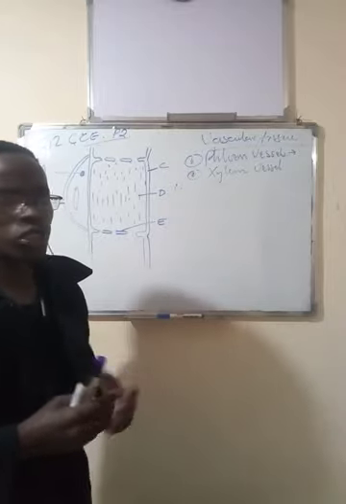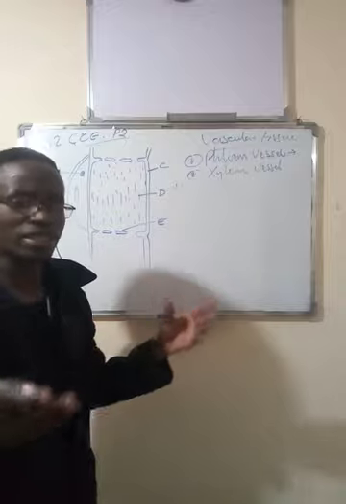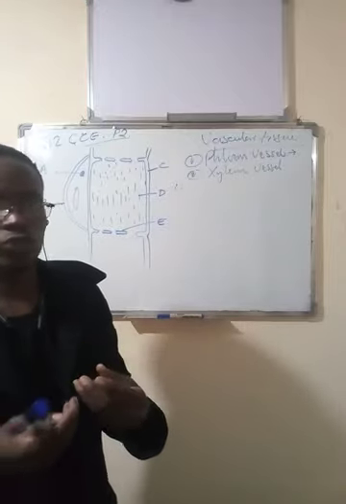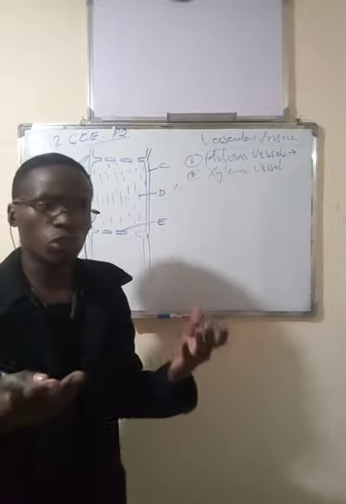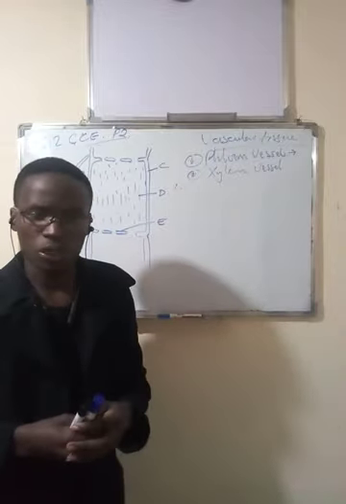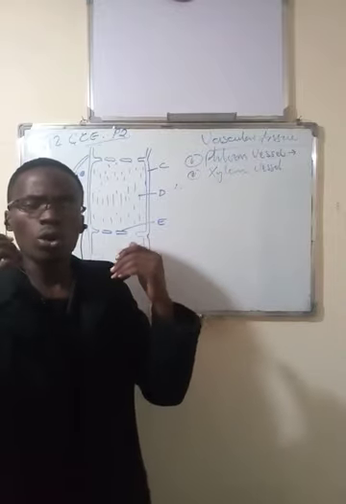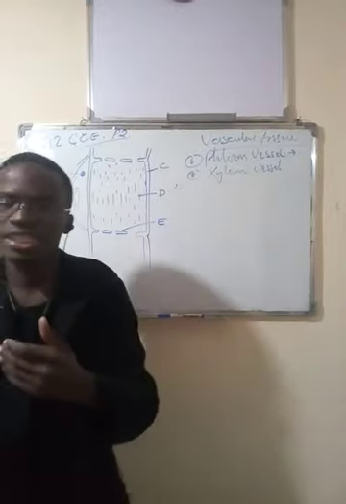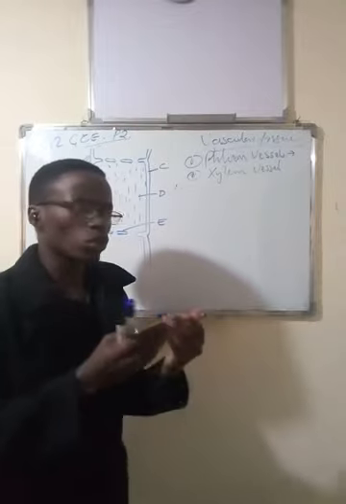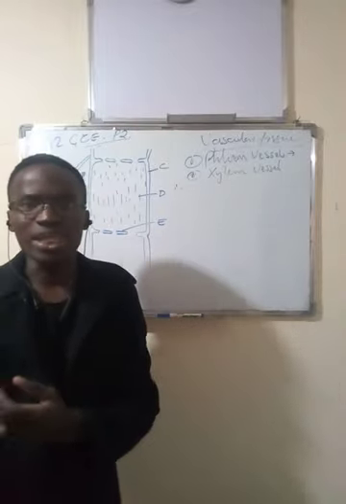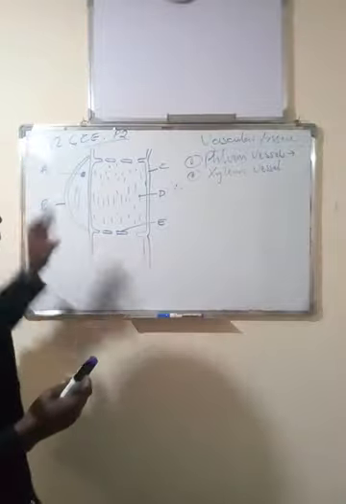Now, the phloem cell itself does not have the capacity to carry out respiration to produce energy, but it needs energy to transport those substances. So where is it going to get the energy? It gets it from the companion cell.